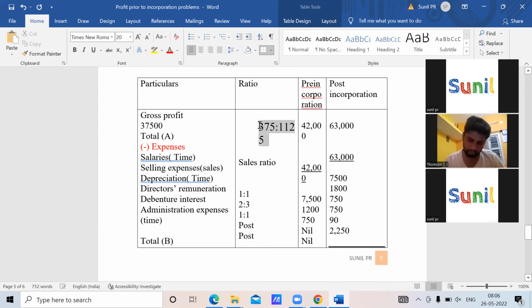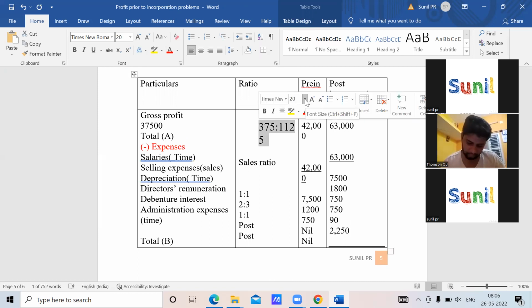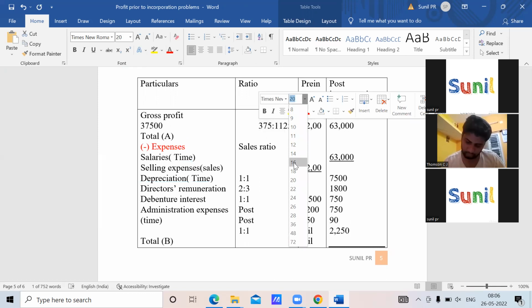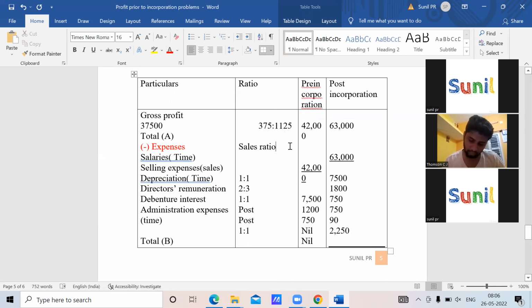Okay. Now, can you tell me the answer? What is the pre-incorporation gross profit? What is the post-incorporation gross profit?